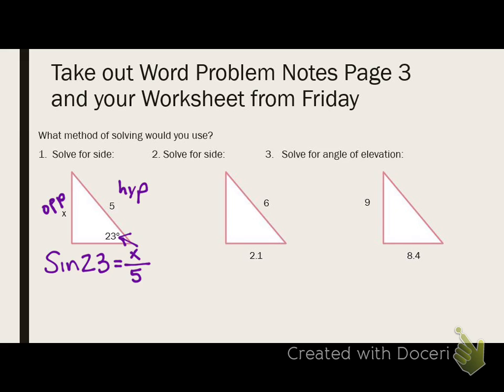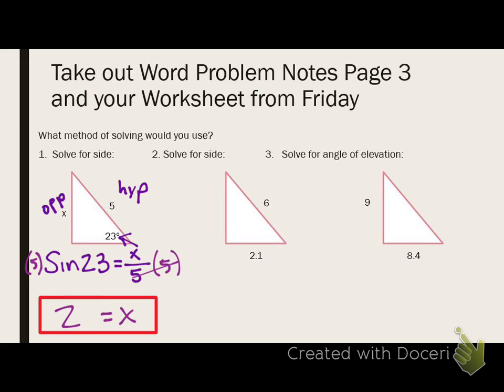Would I need to flip this one? No. Just multiply times 5. We can round to the 10th. So what would we get here? 2.